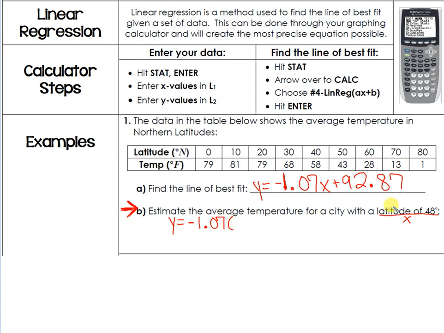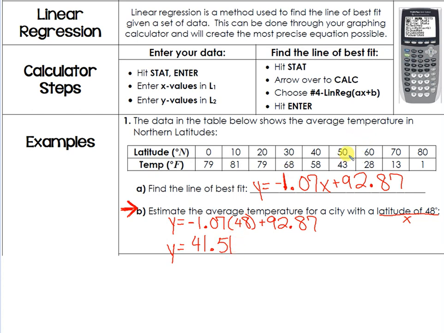Instead of x, I'm going to use this x number, which is 48, plus 92.87. And I'm going to go ahead and do that math, and I'm going to solve it. y equals 41.51.